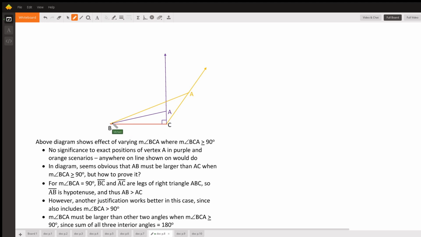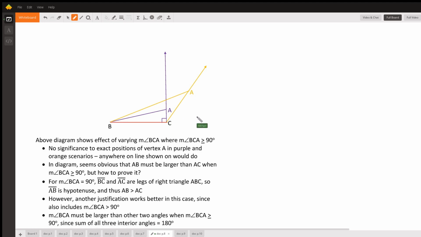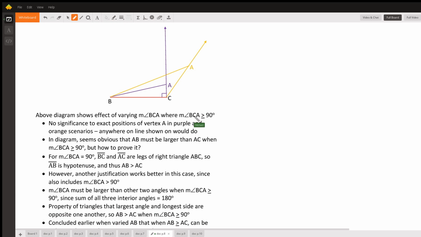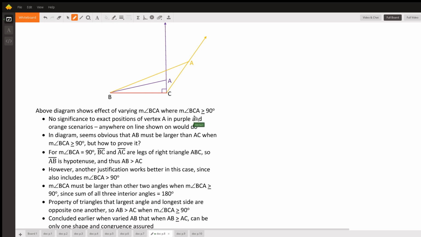So whatever this length is, we figure out where it would hit this, and then that's our triangle right there. Or same idea here, if that's the length, figure out where it would hit here, and that's our triangle. Only one triangle possible. So how can we show another way that this has to be the case?